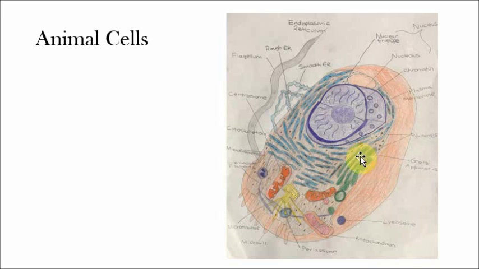Next, we have the Golgi apparatus, or Golgi body. The Golgi body looks like a big stack of pancakes. It's these flattened membrane sacs stacked on top of each other, and it's actually the cell's packing and shipping center.